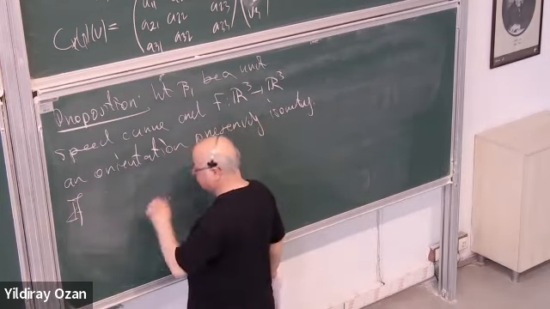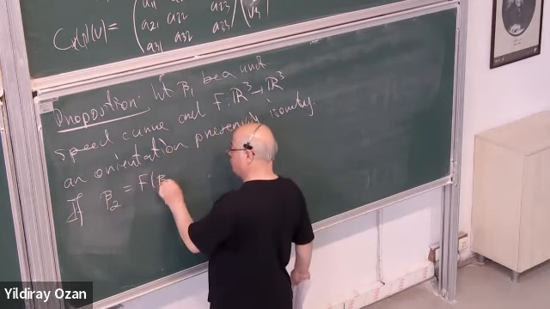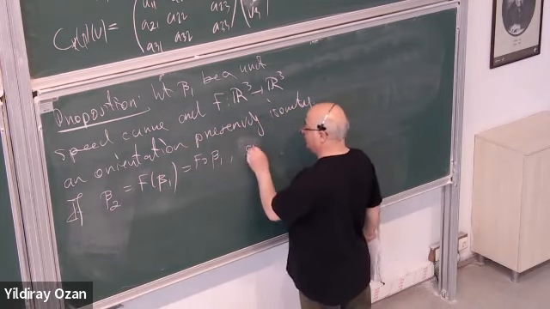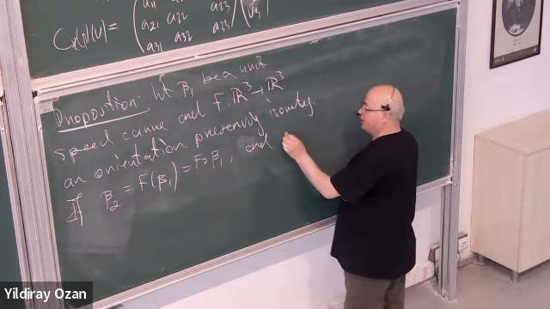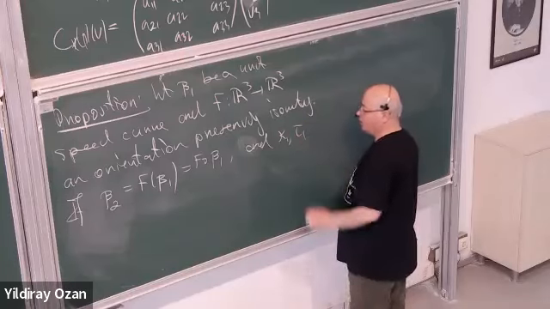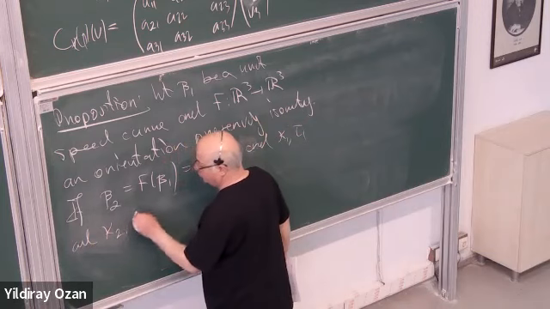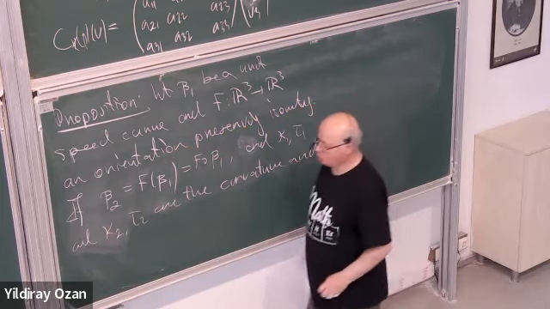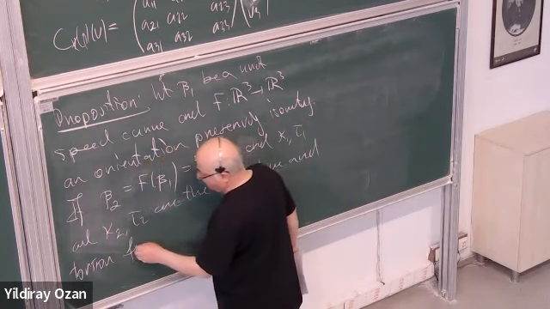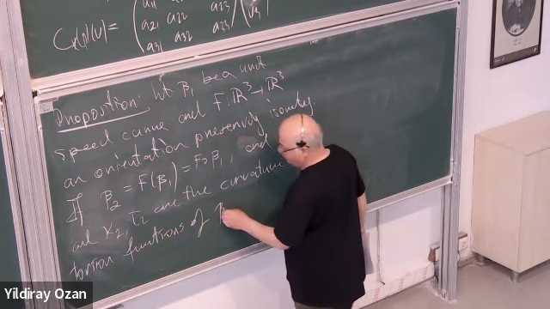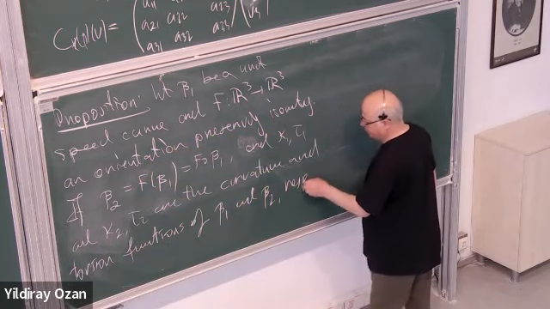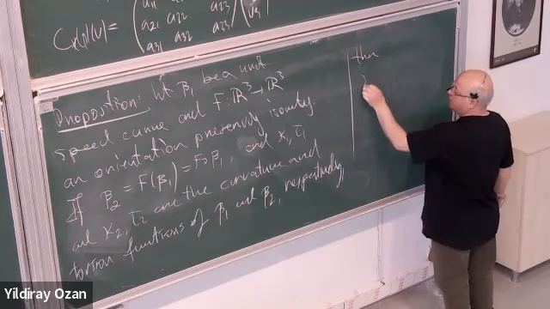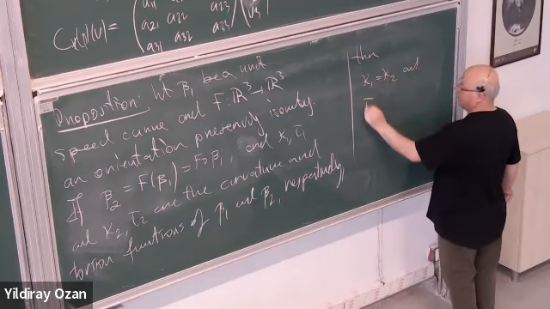If beta 2 is just F composition beta 1, then say kappa 1, tau 1, and kappa 2, tau 2 are the curvature and torsion functions of beta 1 and beta 2 respectively, then the conclusion is that kappa 1 is equal to kappa 2 and tau 1 is equal to tau 2.